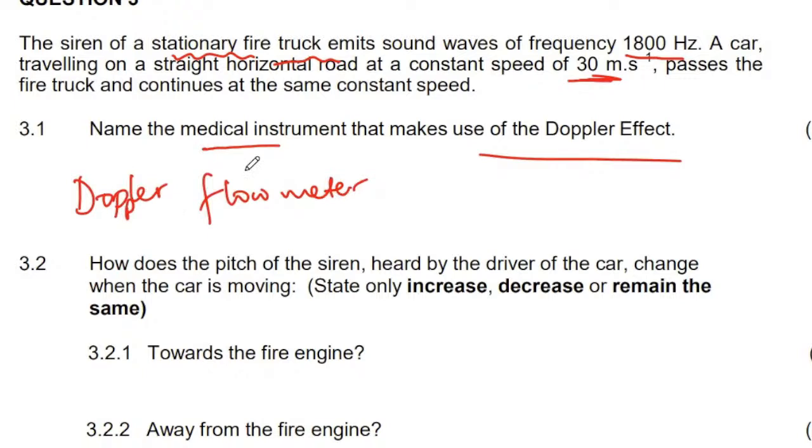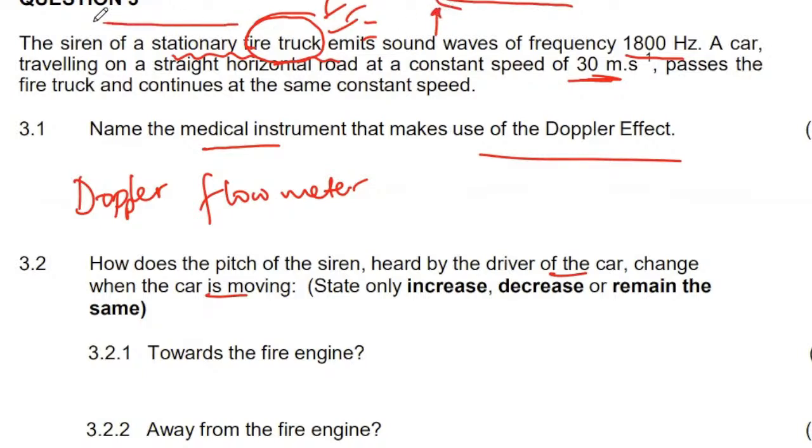And then 3.2, they're asking us, how does the pitch of the siren heard by the driver of the car change when the car is moving? Now remember, the fire truck is stationary and it's busy emitting sound everywhere. So as the driver is approaching, it's going to be high.